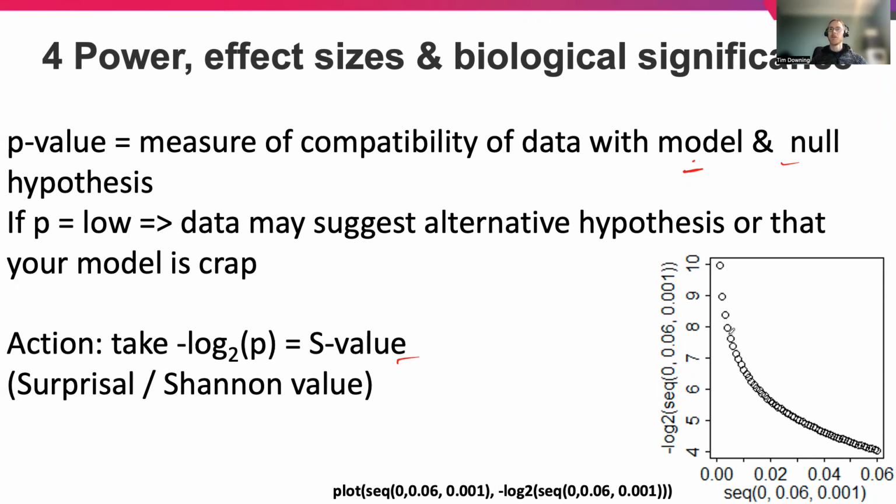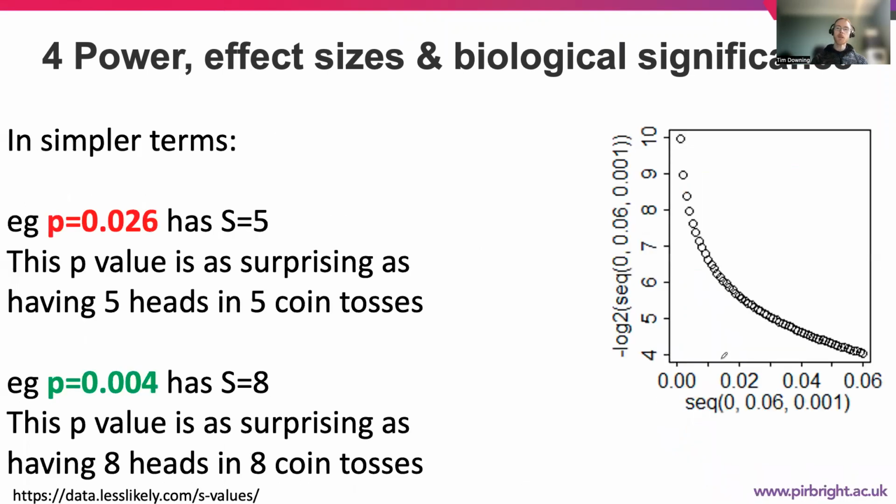This distribution gives us a sense of our p-value and the number of coin tosses we would require to get that sort of situation. So think of an S-value as a surprisal, or maybe a Shannon value. If we get a p-value of 0.26, this corresponds to 5 coin tosses in a row, so 5 coin tosses where we get heads in a row.